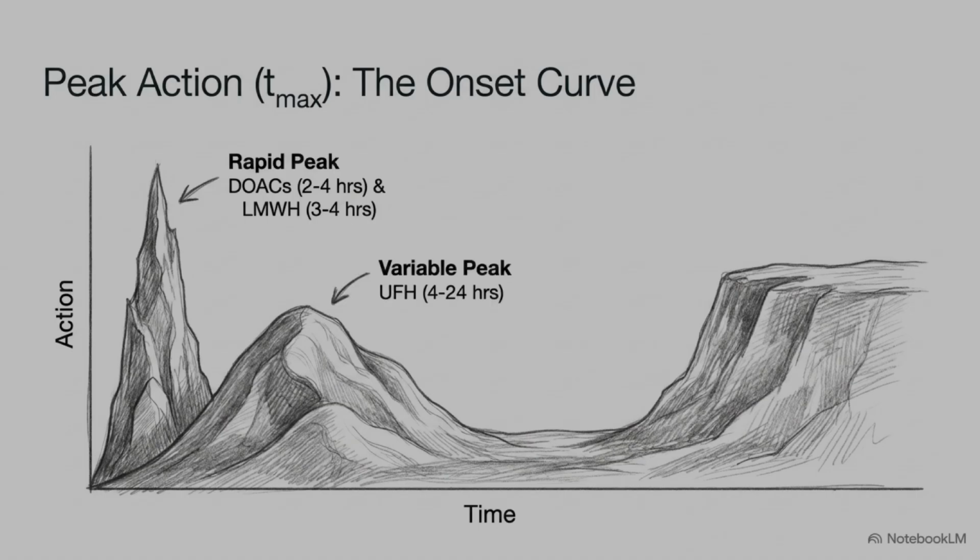Then comes variable peak with unfractionated heparin, 4 to 24 hours, and then very delayed peak plateau, that is vitamin K antagonists. So we talked about elimination half-life and peak action, but you also have to keep in mind renal clearance as an additional factor to be considered.